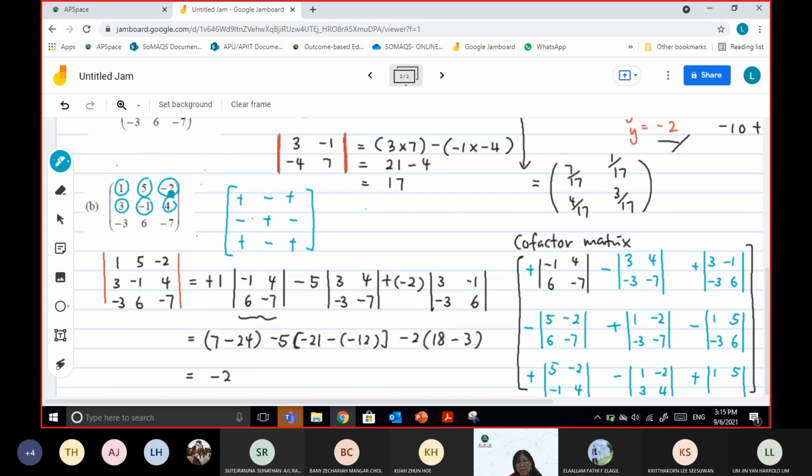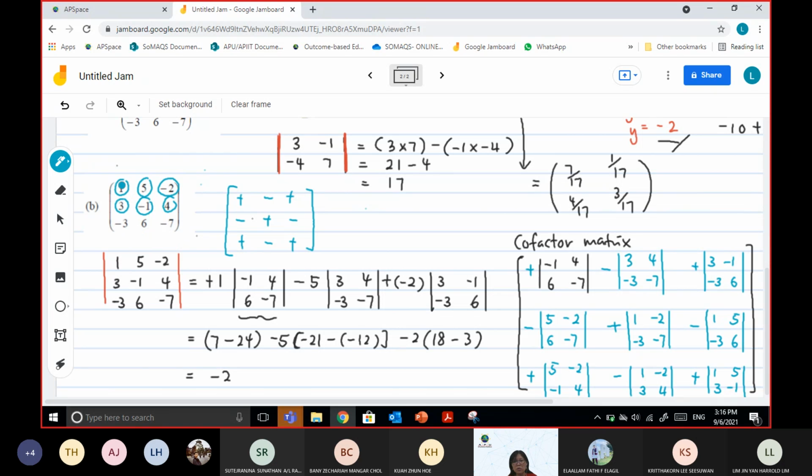Blocking last row and last column, should be positive 3, negative 1. Is that correct? We're blocking the last row and the last column. Can you hear me?